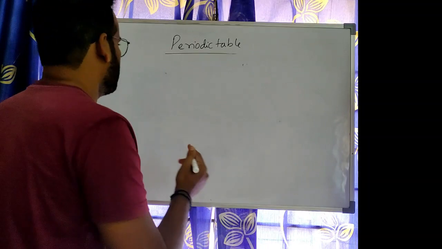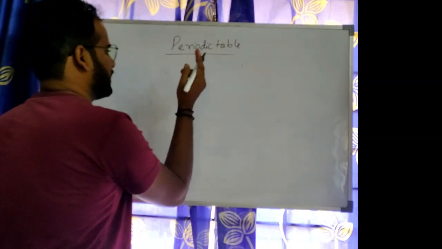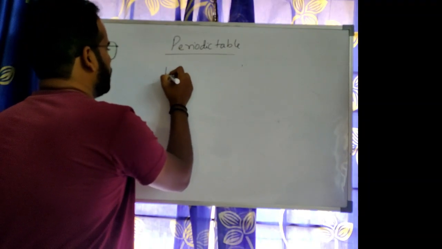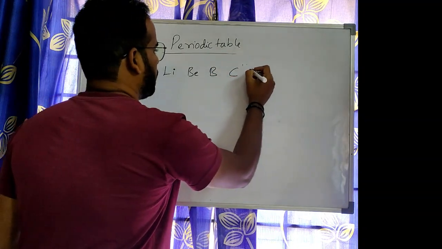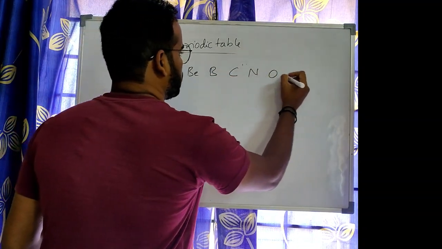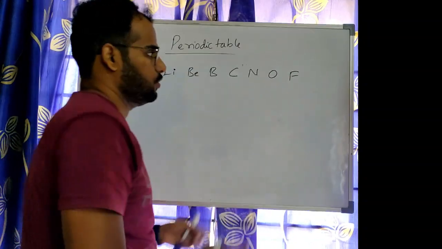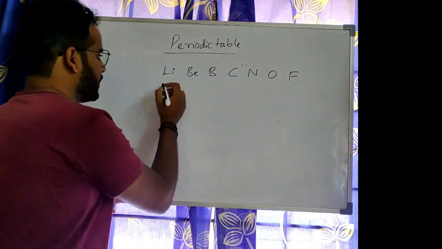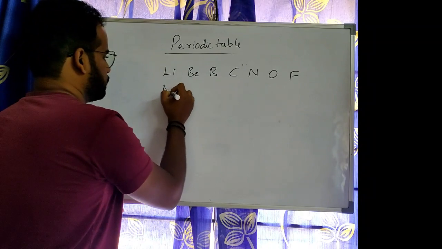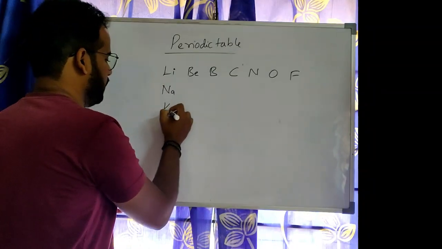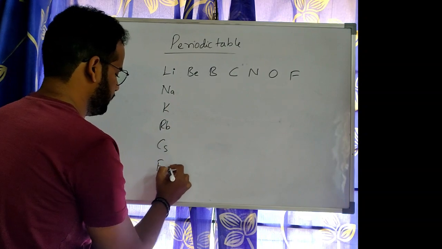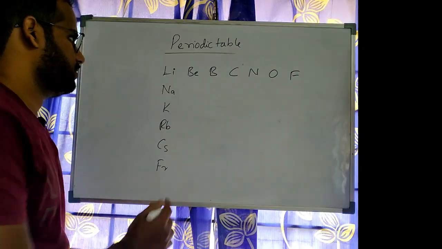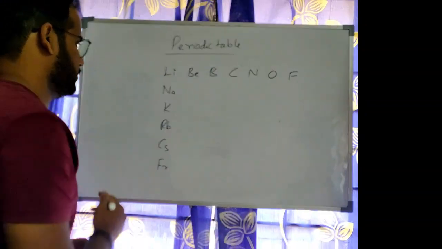For that purpose, I will take the second period: lithium, beryllium, boron, carbon, nitrogen, oxygen, fluorine. Noble gases we will not take in this. And in the first group I will take lithium, sodium, potassium, rubidium, caesium. So this is the second period and the first group.